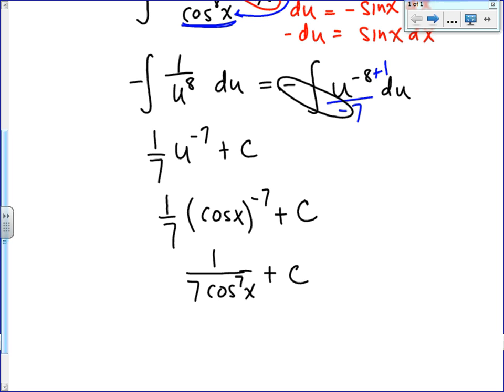We could convert that to secant, but I guess it's not necessary to do that. If we wanted to, I suppose we could say 1/7 secant 7x plus c. So that would be the process of u-substitution for that particular problem.